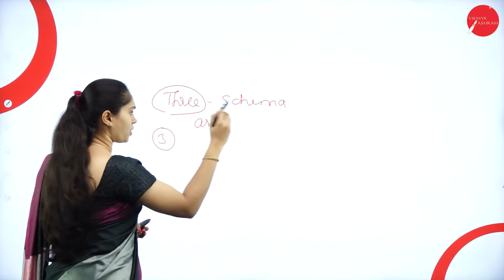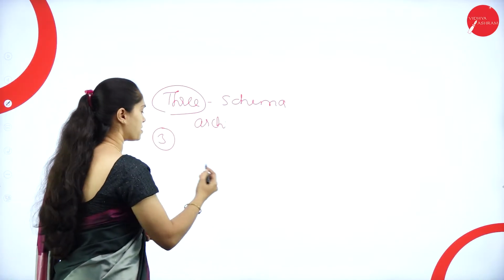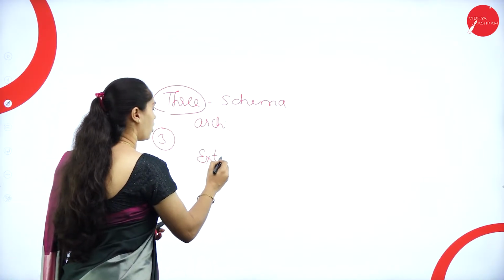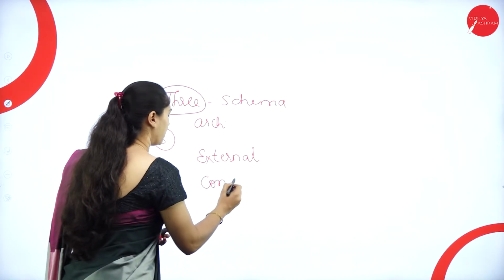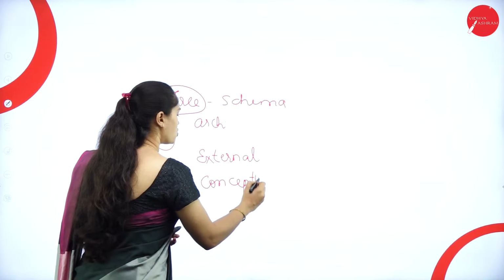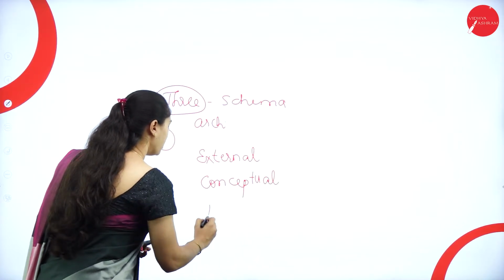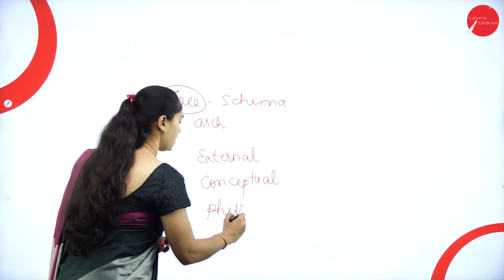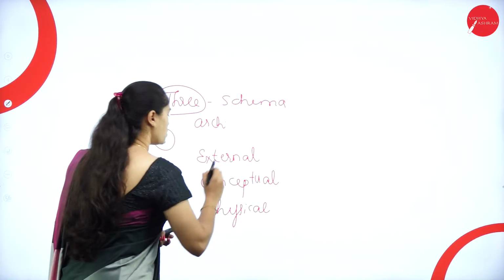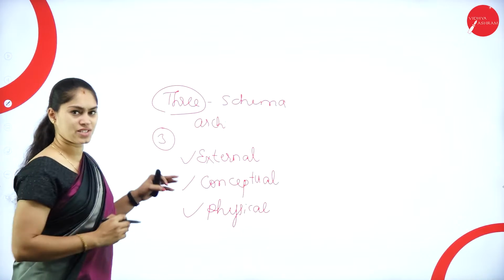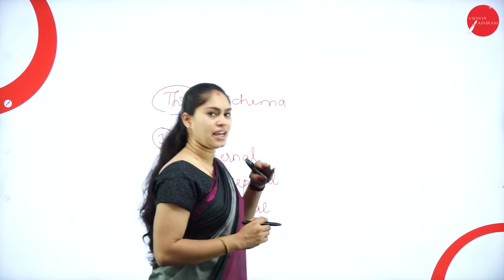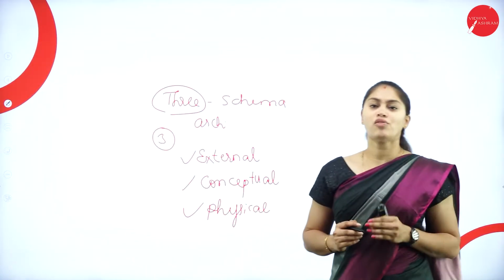The first layer is the upper layer, which has more abstraction. We call that the external level. We also have a second, middle layer, that is the conceptual layer, and the physical or internal layer. We know the working of the external, conceptual and physical levels, and what operation takes place at each level of abstraction.